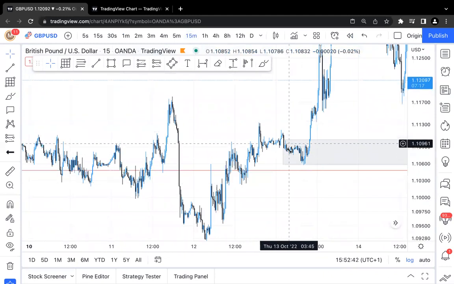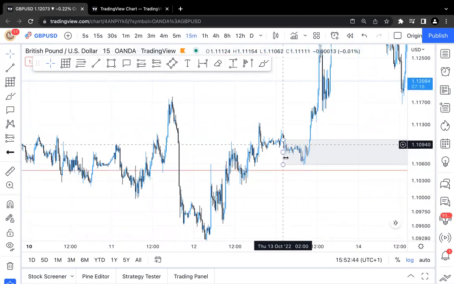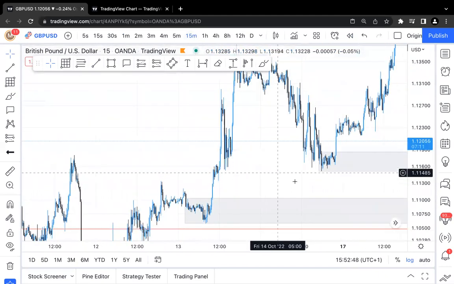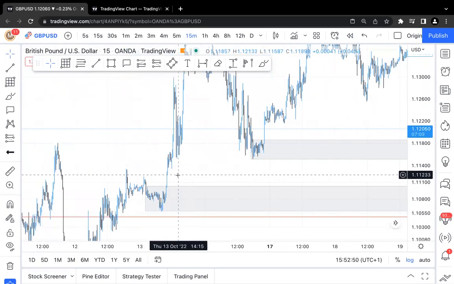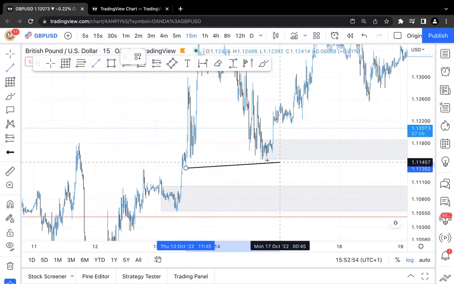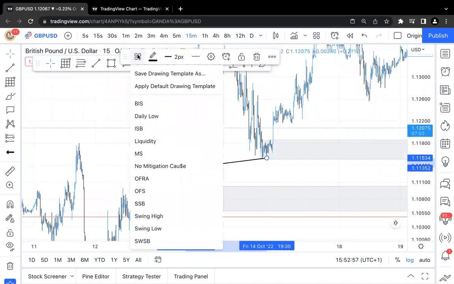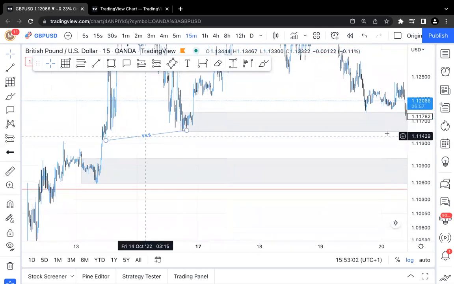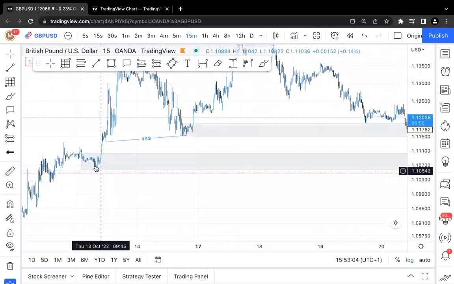But this area of sideways price delivery, this is price being stacked to then shoot up, which it does. So now once it's shot up, what does price do? It leaves liquidity there to be taken, to come back and mitigate.